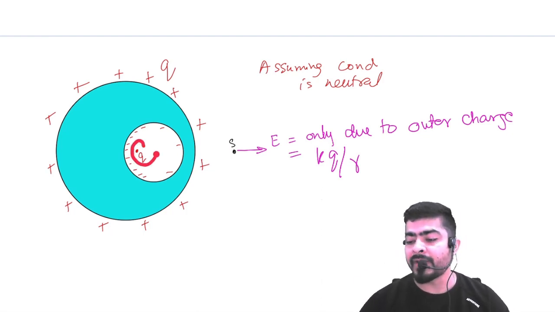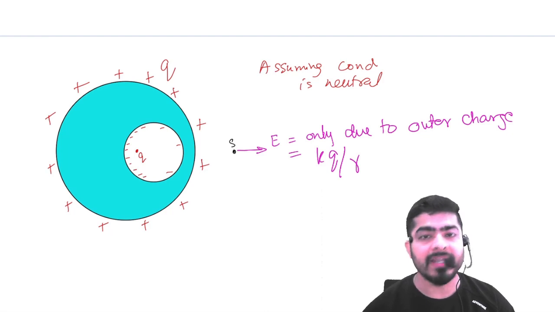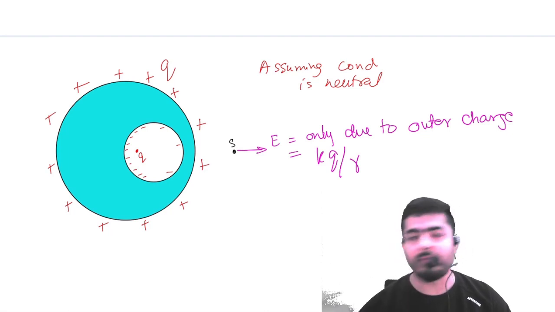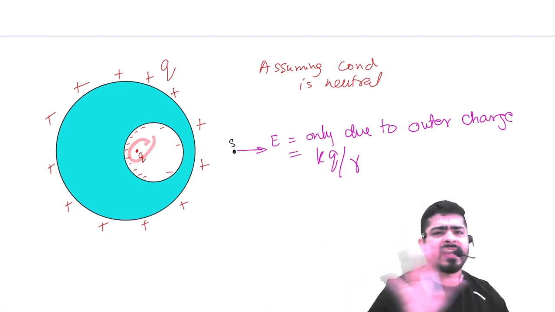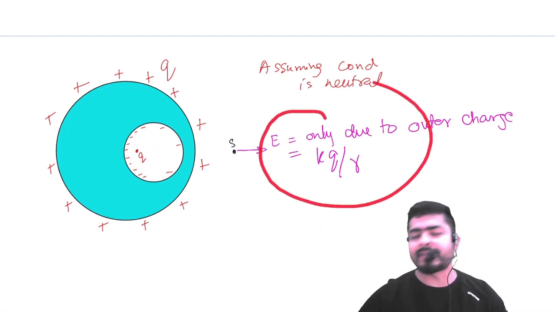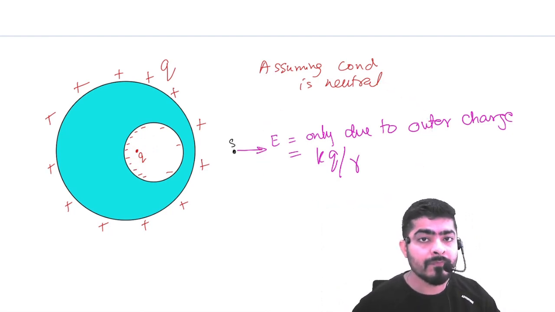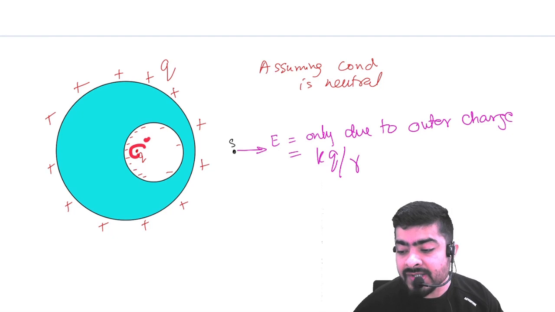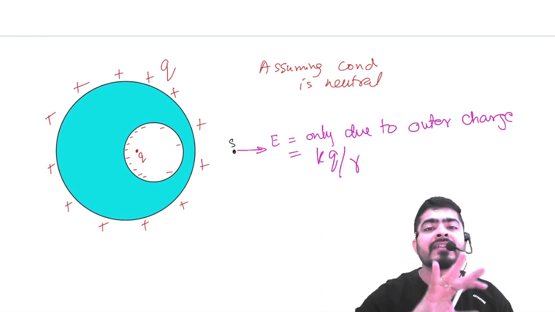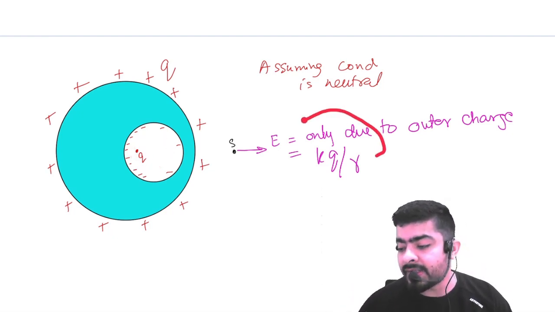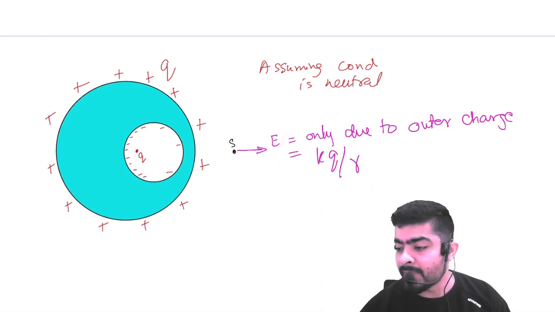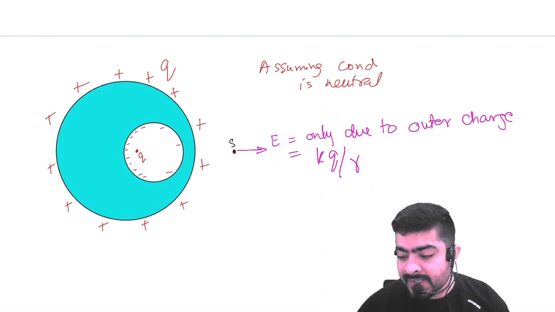Now, what would happen if I move this charge towards the right? See, first of all, I placed this charge randomly somewhere and I found the electric field directly. So that means if I place this charge anywhere inside, it doesn't matter. The electric field will remain the same.